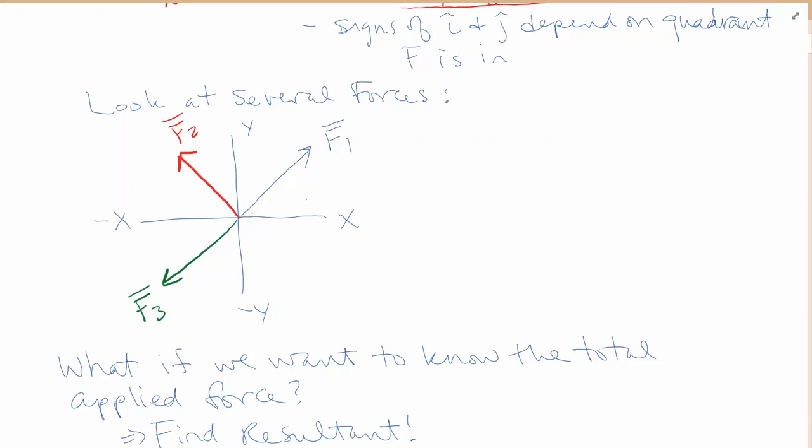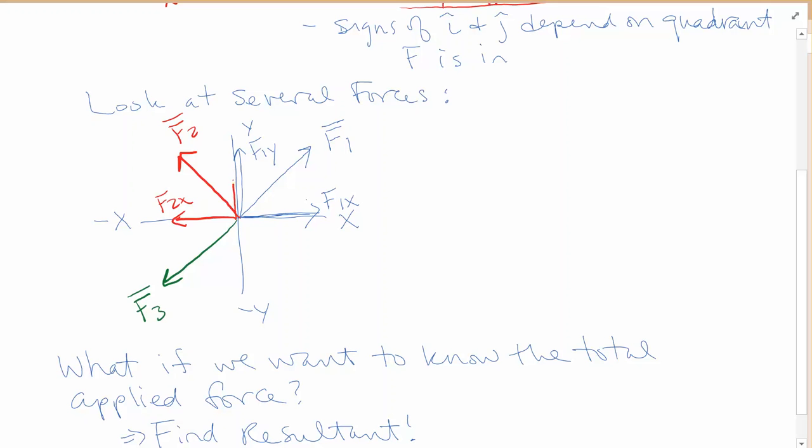So let's start with F1. That's just what we had before. We're going to have an x component on the x-axis that looks like this. Let's call that F1x. And then it's going in the upward direction, so we will have a y component. Let's call it F1y. Now looking at F2, that one is going to the left, so our x component will point to the left, and that'll be F2x.